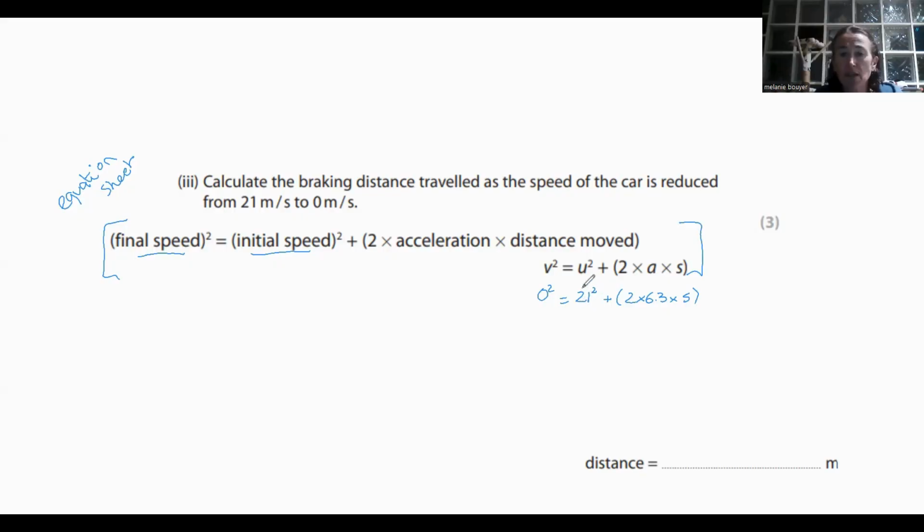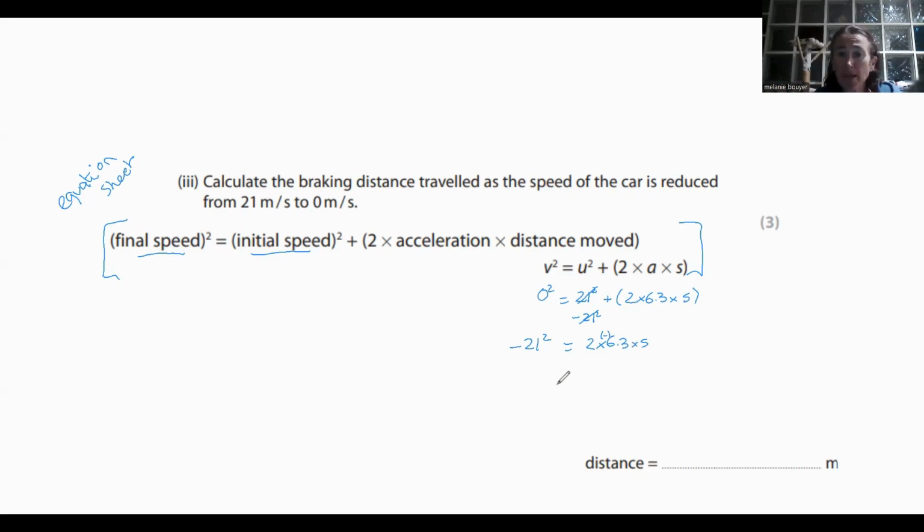So we're going to start by getting rid of that 21 squared on that side. We can do this by taking away 21 squared on that side, but we need to do the same on the other side. So it's going to give us minus 21 squared equals 2 times 6.3 times s. Now the 6.3 is a deceleration, so technically it would be negative.